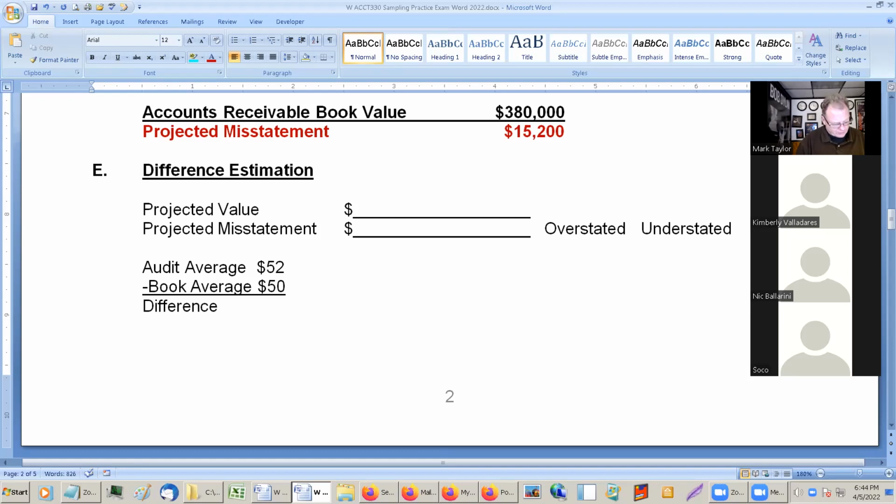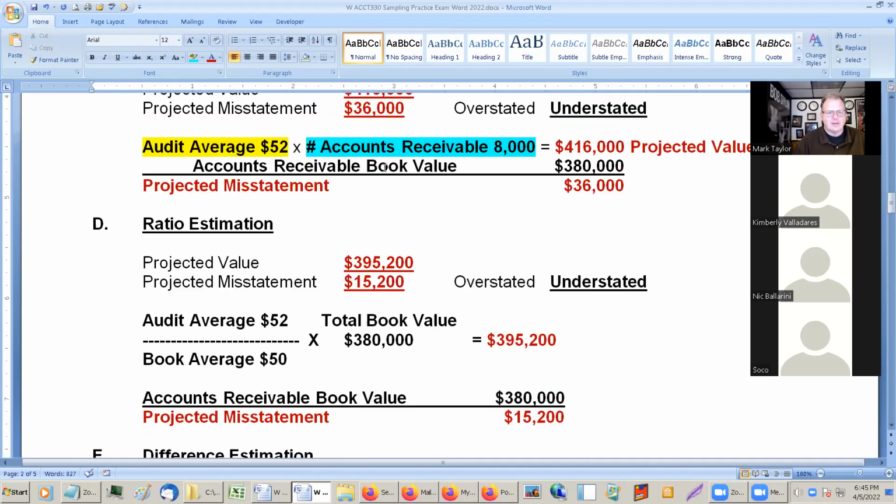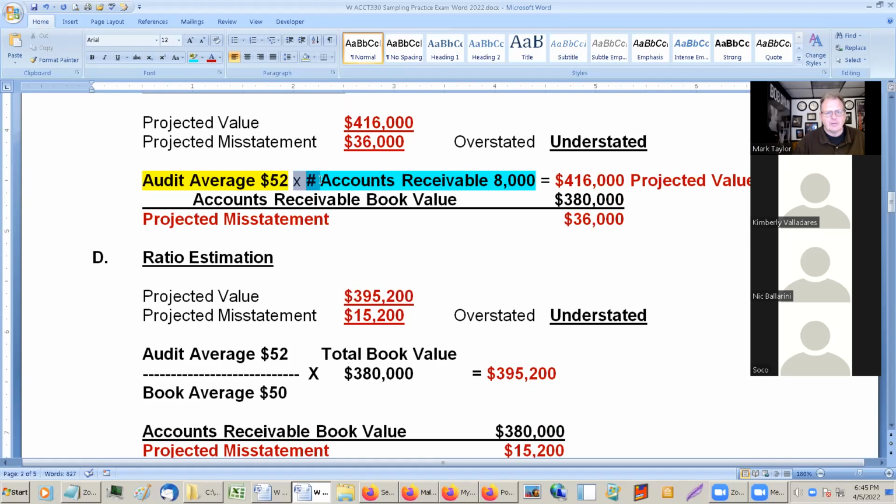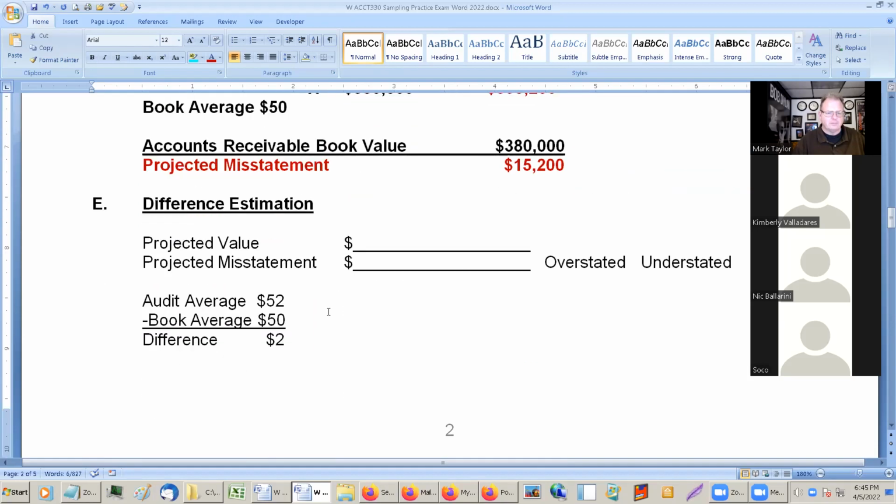This is $2. So here's what they're saying. Everything is going to be off by $2. So all 8,000 items, I think I'm just going to copy this from up here. We're saying, okay, every single item is going to be off by the same amount. Everything's going to be off by $2.